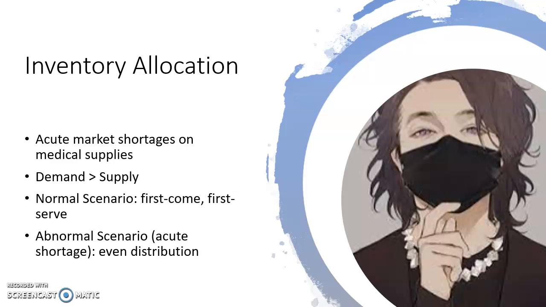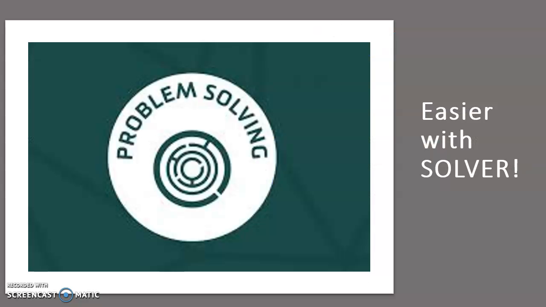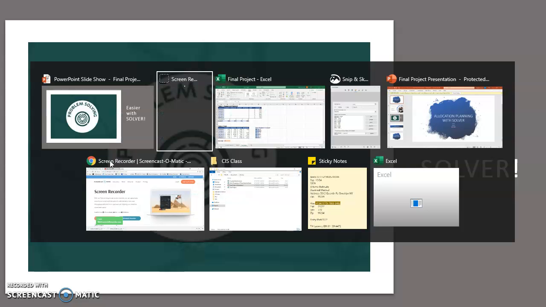Normally, I would have a very basic Excel spreadsheet where I have the inventory available and deduct almost manually the products that get sent out to orders. However, apparently it's much easier with Solver, and in the next part I will show you how this can be done.